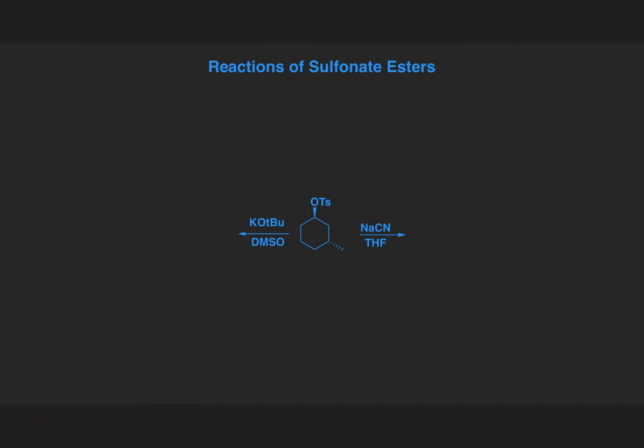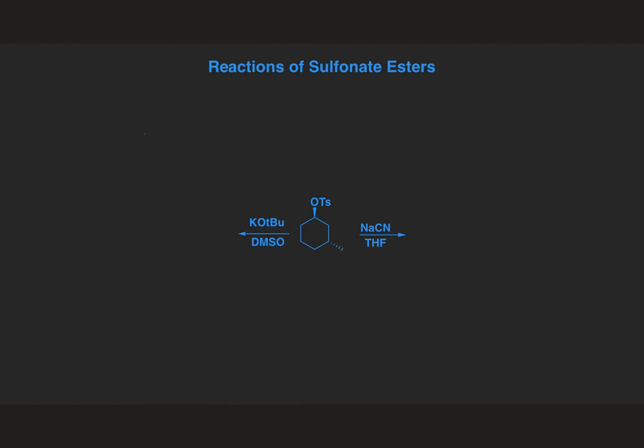Like halides, sulfonates are good leaving groups, and so sulfonate esters are going to react very similarly to alkyl halides. So in this example, we have the tosylate that we formed a couple of slides ago, and it's a secondary tosylate.